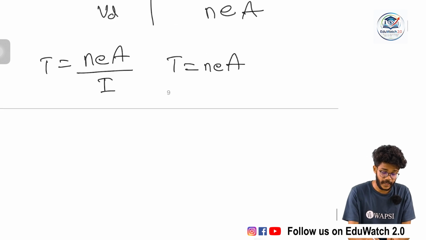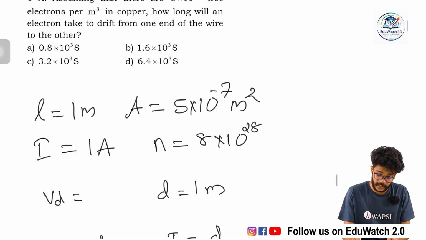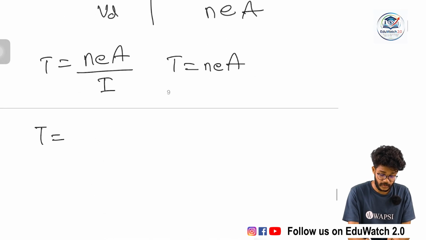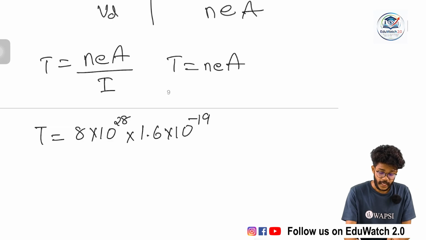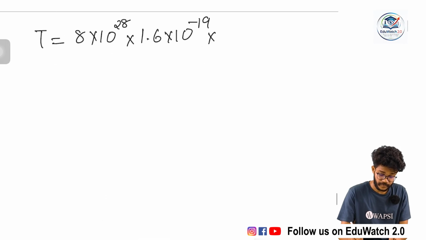Substituting the values, T is equal to N, which is 8 into 10 raised to 28, and the charge is 1.6 into 10 raised to minus 19 coulomb, and the area is 5 into 10 raised to minus 7.